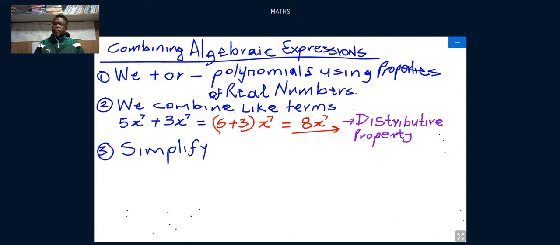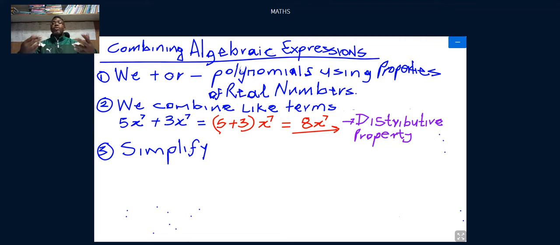So now, we have learned about properties of real numbers, where we spoke about the distributive property, associative property, and commutative property. We did the exponents, we did a lot of things, but something keeps coming back. Properties of real numbers. Why? These three properties enable us to do algebra.